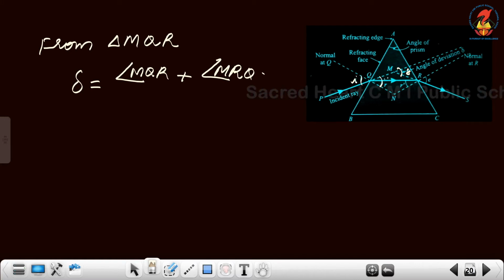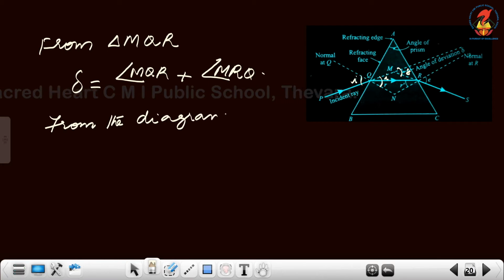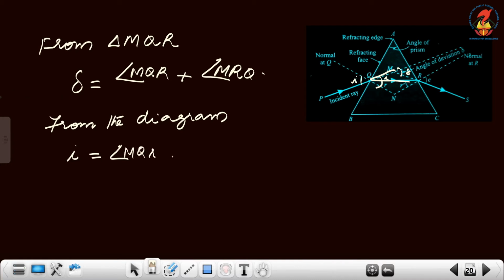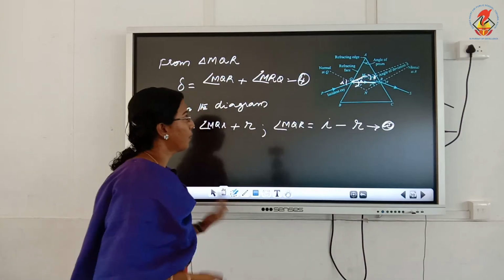So from the diagram, angle I is equal to angle MQR plus angle R. Or we can write angle MQR is equal to I minus R. Okay, this will be equation 4. Equation, small letter, any number you can put for the equation. Okay, it's up to you.